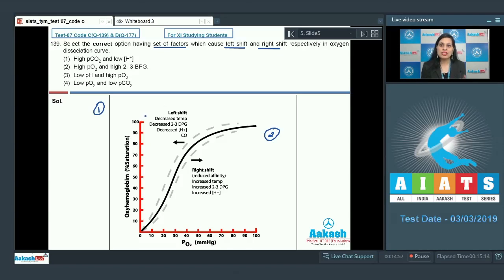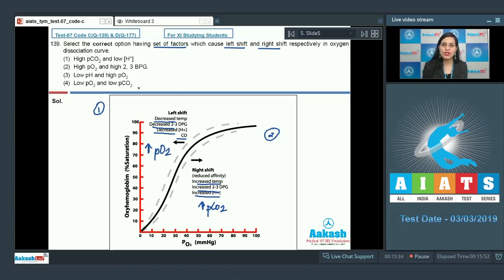Those factors responsible for shifting the curve to the left side are decreased temperature, decreased 2,3 BPG or 2,3 DPG level, decreased hydrogen ion concentration, and low partial pressure of carbon dioxide or high PO2. And those factors responsible for shifting the curve to the right side include increased temperature, increased 2,3 BPG levels, and increased hydrogen ion concentration or increased partial pressure of carbon dioxide.